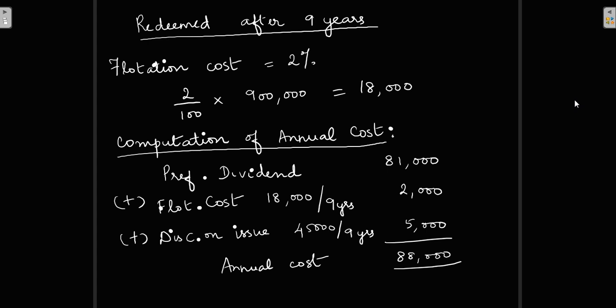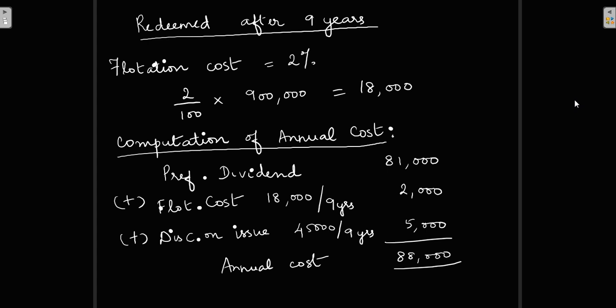To compute the annual cost, we take the preference dividend, which we have already done, 81,000, plus flotation cost of 18,000, but we have to amortize it. Here we are redeeming after 9 years, so we are dividing it by 9 years. So it is 2,000, plus discount on issue of 45,000.